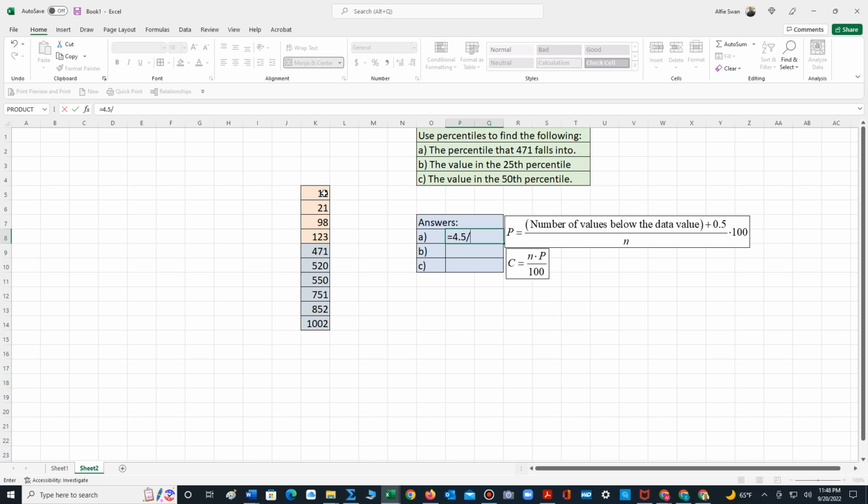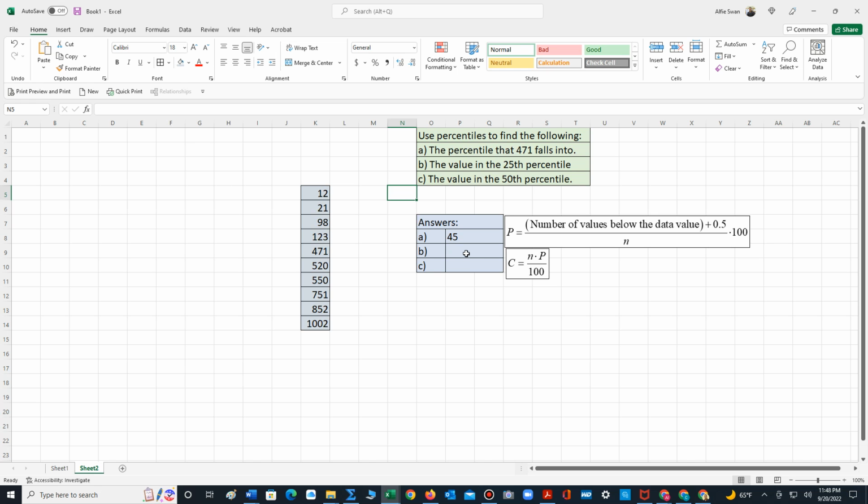Let's count them. 1, 2, 3, 4, 5, 6, 7, 8, 9, 10. So divided by 10 times 100. And it turns out that we end up with 45. So it's the 45th percentile that contains 471.